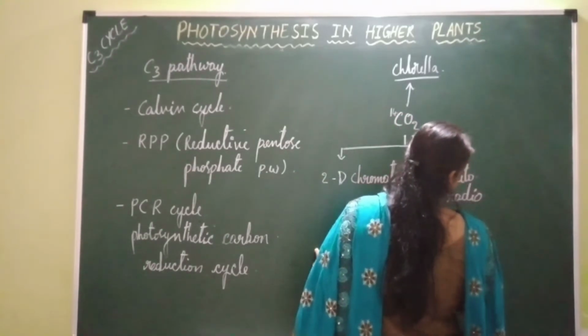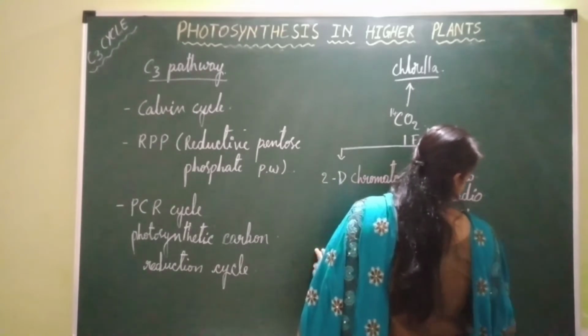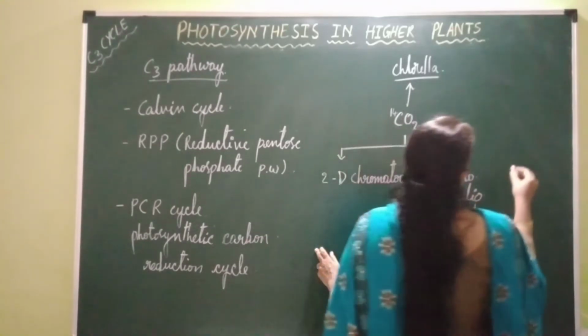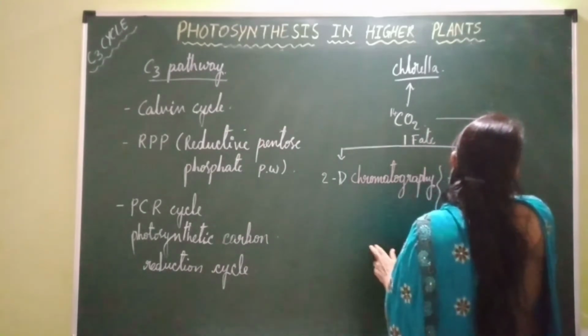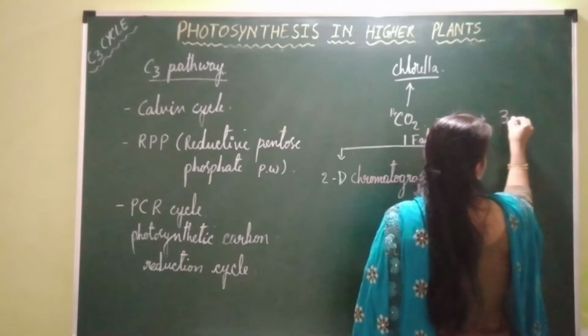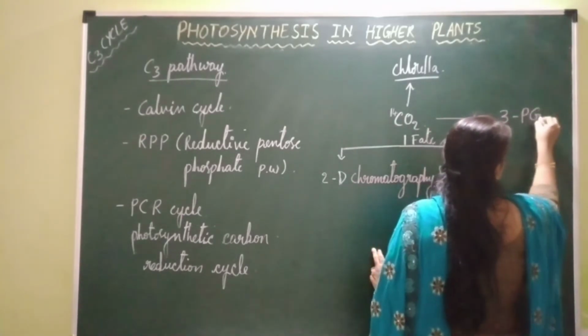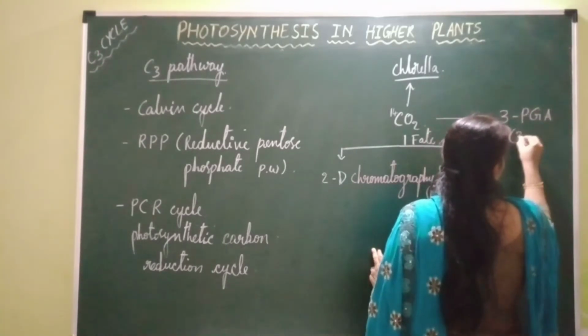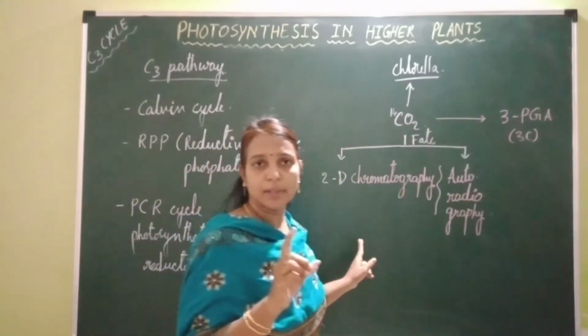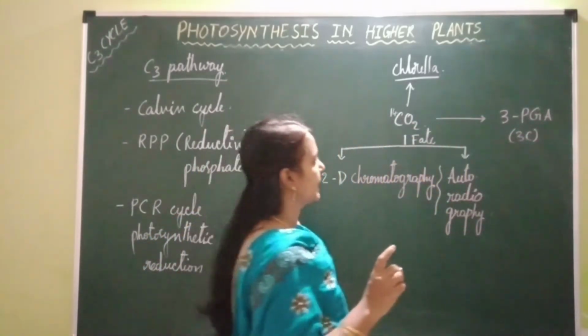With these two techniques, he found that the carbon dioxide fixation product is 3-PGA. After fixation of carbon dioxide, chlorella formed a 3-carbon compound, which is 3-PGA. As the first carbon dioxide fixation product is a 3-carbon compound, this cycle is called the C3 cycle.